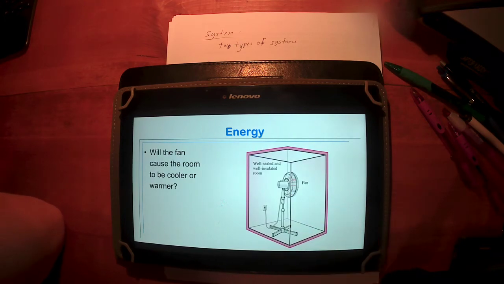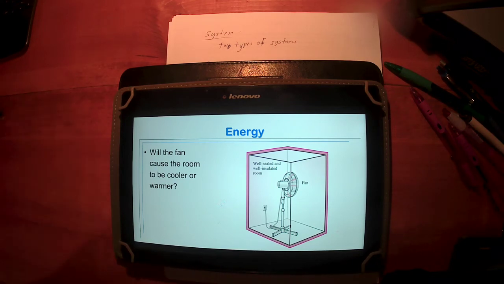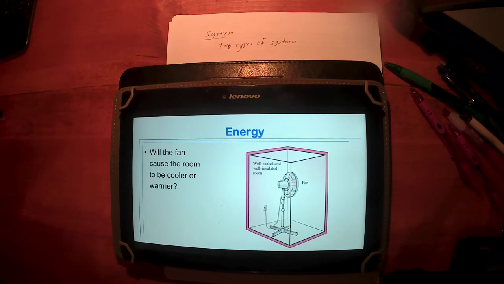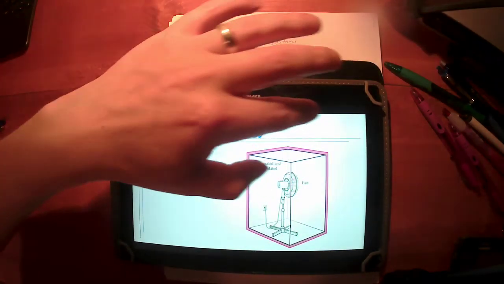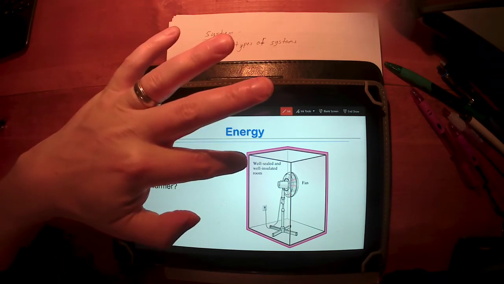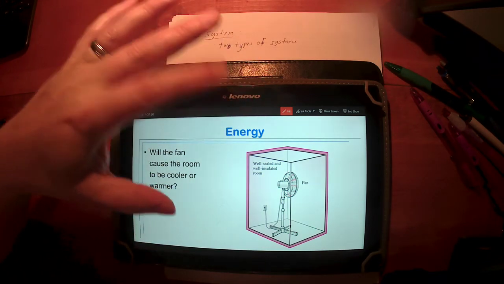Okay, so this example is in the book, Cengel and Boles' Thermodynamics: An Engineering Approach. And they say they've got a well-sealed, well-insulated room. What they're saying is that if it's well-sealed, it's a closed system.